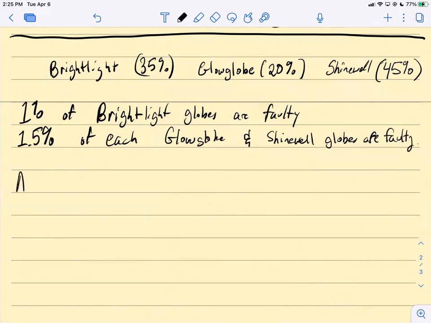So a customer picks a globe at random, and finds out that it is faulty.